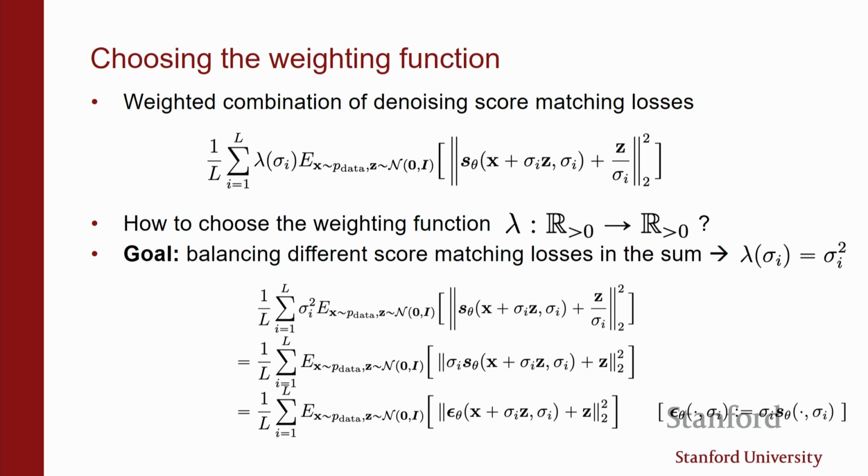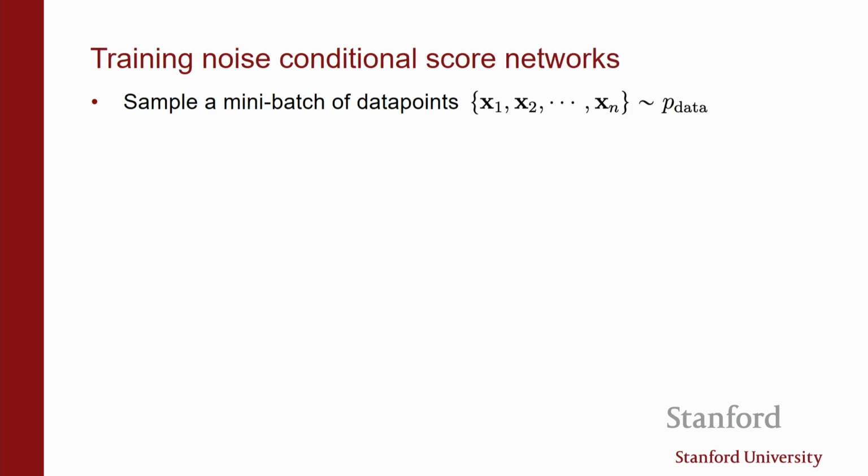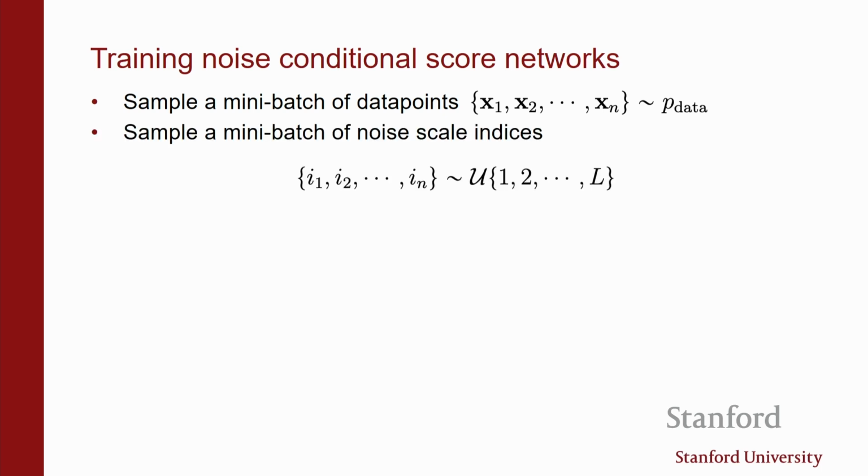And so the final loss looks something like this. You sample a mini batch of data points. Then you sample a mini batch of noise indices, so you equivalently choose a bunch of noise levels, one per data point, let's say uniformly across the different noise scales that we're willing to consider.